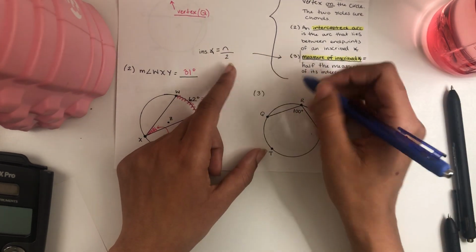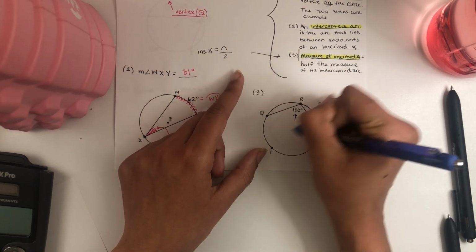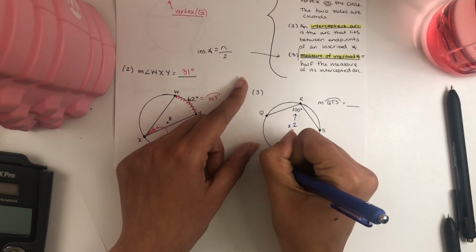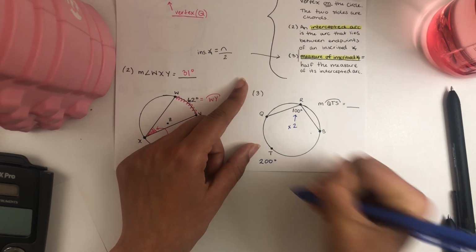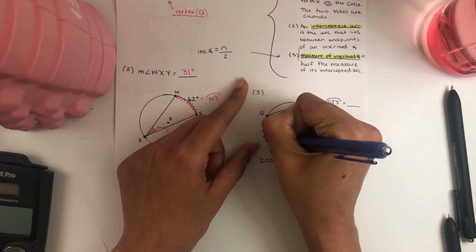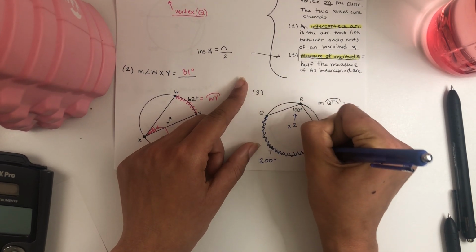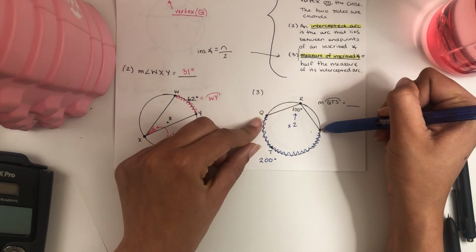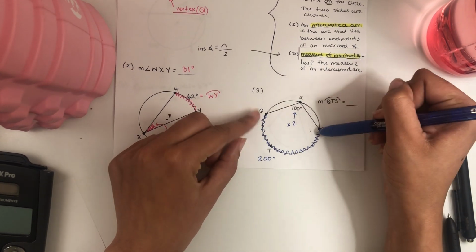No, right? So we hopefully know that we're gonna take this number and we're gonna multiply it by 2. 100 times 2 is 200 degrees. And that's what all of this is. Since this is 100, all of the rest of this is 200.